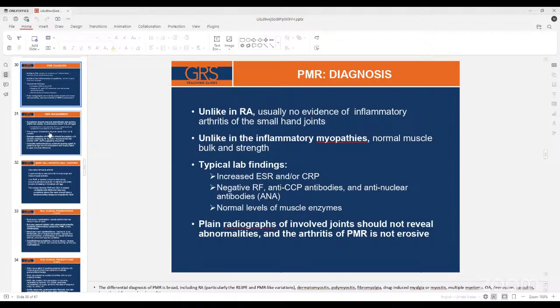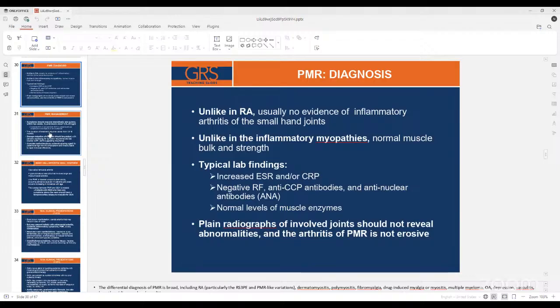And as a result, the muscle enzymes are higher. You will not find this in polymyalgia rheumatica. So the lack of hand joint involvement differentiates polymyalgia rheumatica from rheumatoid arthritis, and the normal muscle bulk and strength differentiate polymyalgia rheumatica from inflammatory myopathies.